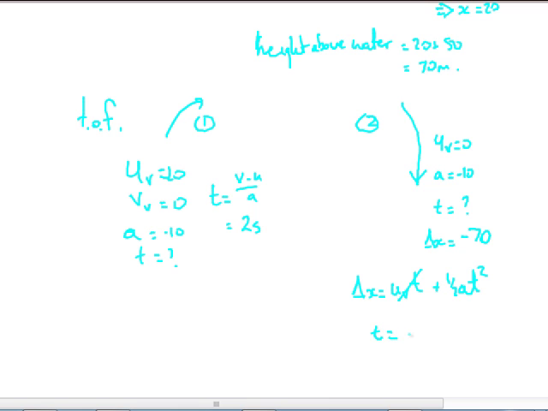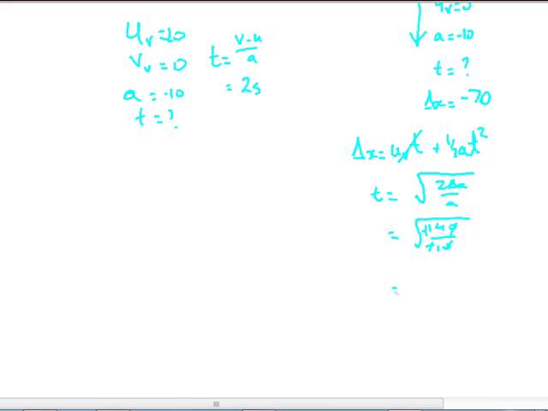So T is square root of 2 delta X over A, which will be square root of 140 over 10, or negative on negative, which will be equal to the root 14.